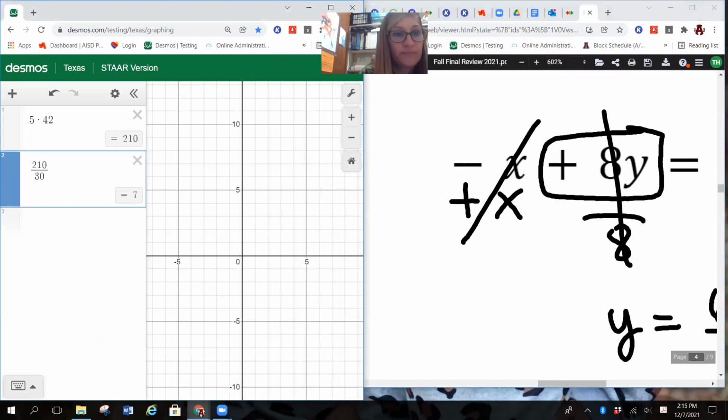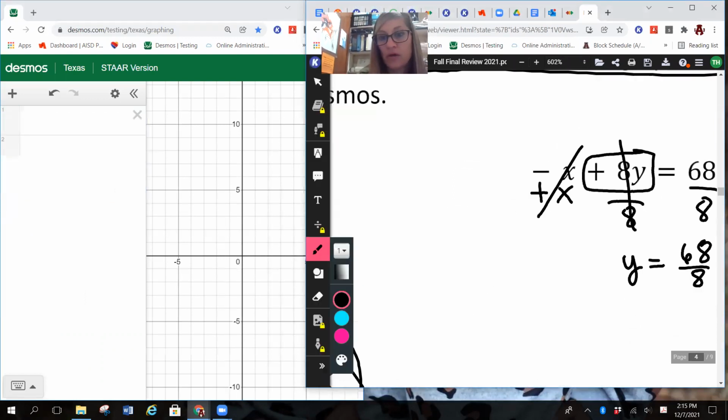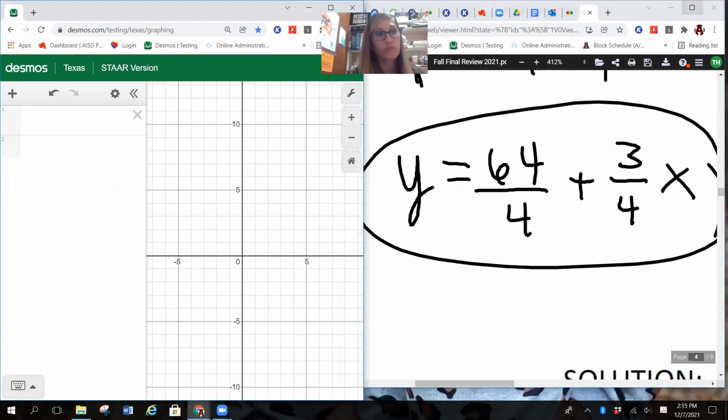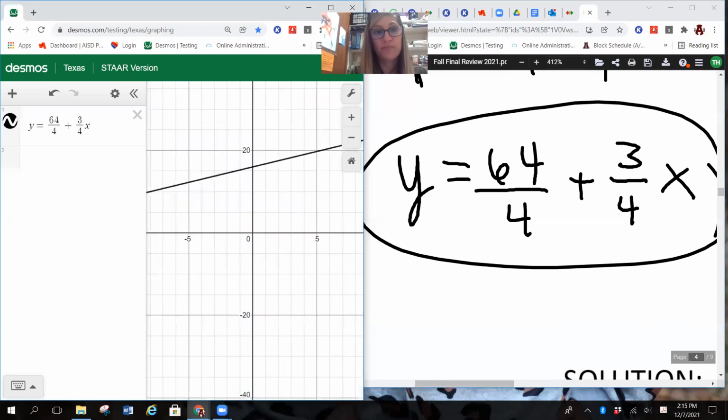So here we go. Our first equation was y equals 64 divided by 4. Notice 64 divided by 4, I could have put 16 plus 3 divided by 4 with an x on the side. Zoom out.